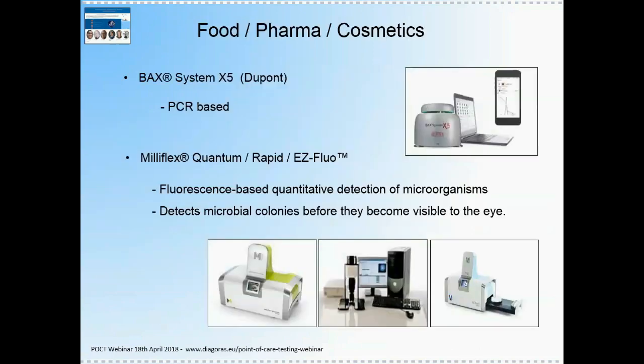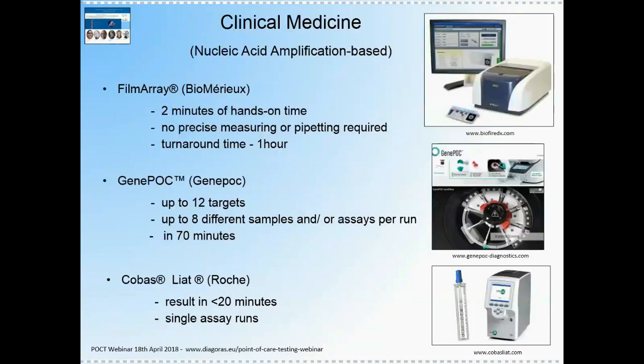There are also some so-called point-of-care testing devices, but these are more implemented in the food, pharmaceutical and cosmetic industry, and here are just two of those, the BAC system and the Milliflex system. In clinical medicine, as I mentioned previously, we already have quite a lot of ID-POCT devices available on the market, but they're not being implemented. They all have what seem like great characteristics, so there's obviously more than just technological issues involved in ID-POCT.